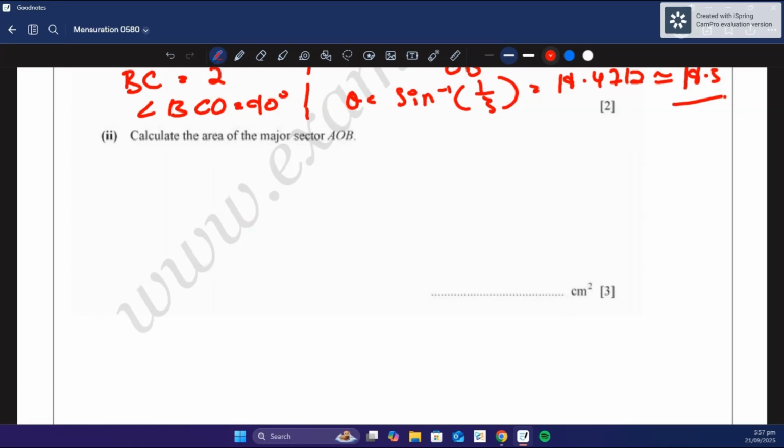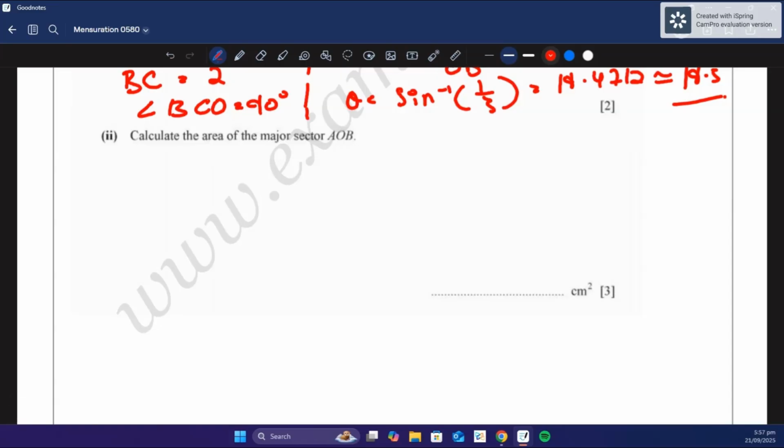Now we need to add all of these three areas. That would mean 70.6858 plus 5.65 plus 24. That would give us a rounded off value of 100.